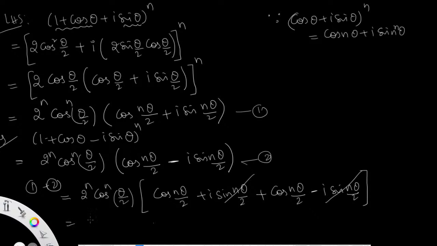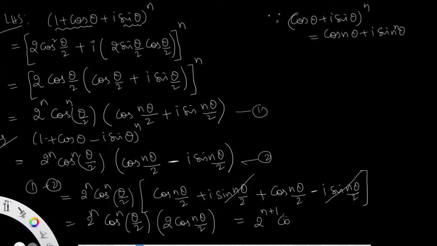Then we get 2 power n into cos power n of theta by 2, and the cos terms are there 2 times, that is 2 times cos n theta by 2. Now the bases are equal, so the powers should be added: 2 power n into 2 power 1 is 2 power n plus 1, into cos power n of theta by 2 into cos of n theta by 2.